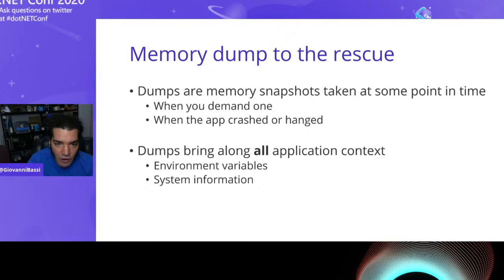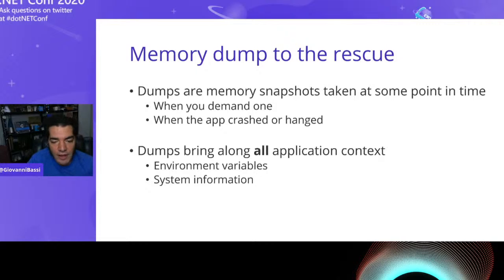You can take a snapshot on demand by running an application that takes the memory dump for you, or you can trigger it when the app crashes or hangs. You can leave it running for a while, and when the application finally hangs, you get the dump.